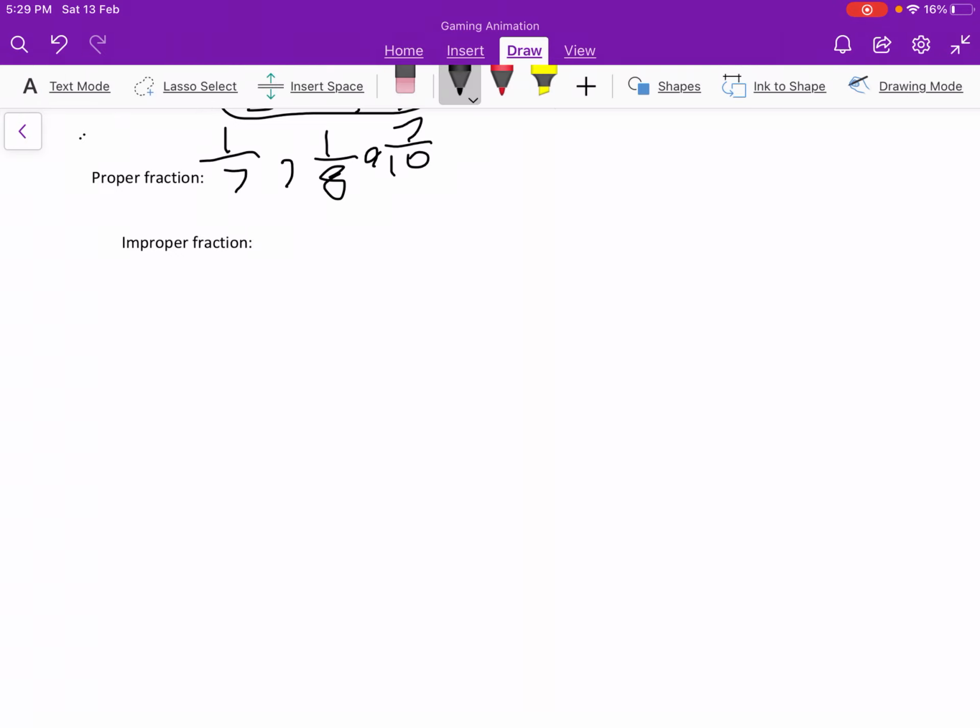Okay, so improper fraction means the opposite of proper fraction. So where the denominator is greater, it has greater value than the numerator, or it's equal, like 7 out of 7. This is an improper fraction. Oh, sorry. I'm sorry.